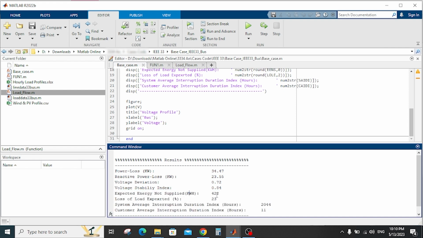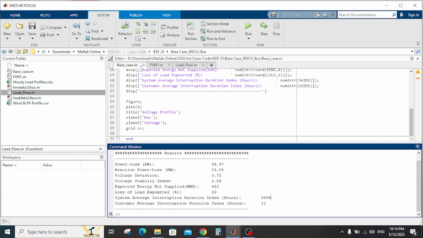As you see here, there is expected energy not supplied because it exceeds the rating of the network, then the percentage of that energy not supplied, and the system average interruption duration is about 2,044 hours per year. The customer average interruption duration index is the average interruption for 12 customers. This is for the base case.